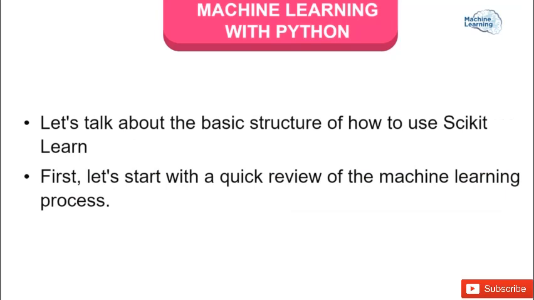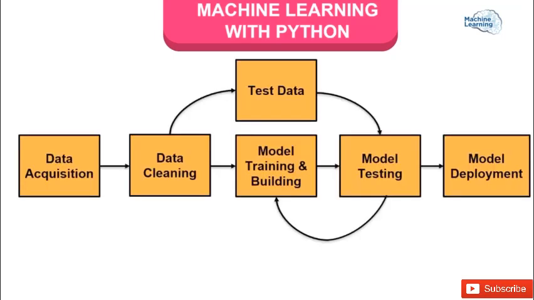Okay, so let's talk about the basic structure of how to use scikit-learn. Well, first we need to back up a little bit and review the machine learning process, but just briefly, don't worry. The machine learning process starts with your data. You have to acquire data somehow, and then the next step is usually to clean and format that data so the machine learning model can accept it.